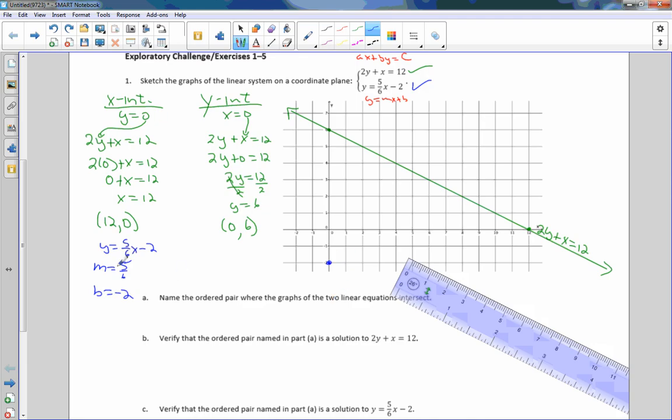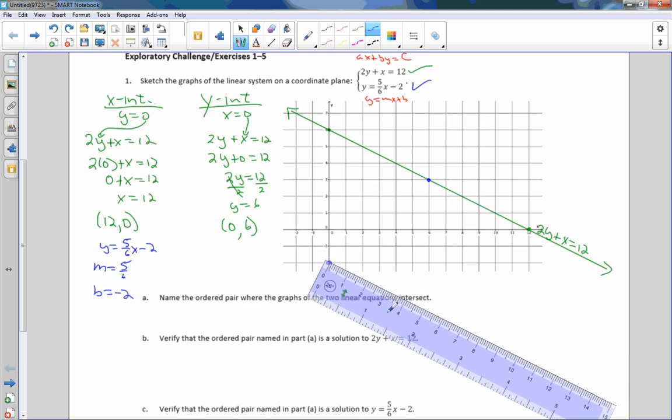The slope, or the rate of change, tells us that y is changing by 5 and x is changing by 6, which means I want to go up 5 on the y-axis and over 6 on the x-axis, and I'm landing right there.